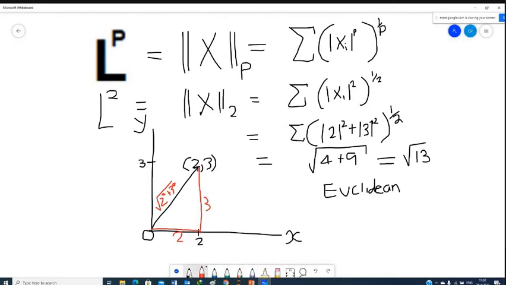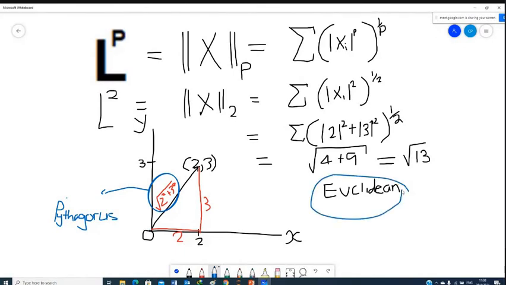This is the Pythagoras theorem. So Euclidean distance is the same as the Pythagoras theorem.